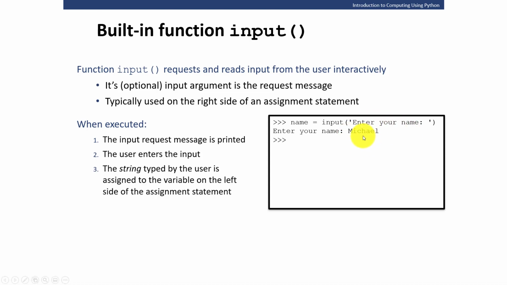Michael is a string typed by the user, and it's assigned to the variable name using that assignment. So when I evaluate name, it's going to give me a string object equal to Michael, stored in the memory at the variable pointed by name.